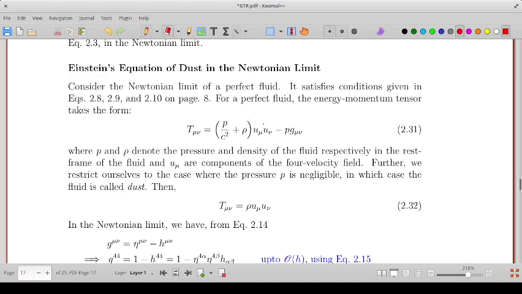U^μ, U^ν are the components of the four velocity defined in the curved space-time, and g^μν corresponds to the metric tensor.